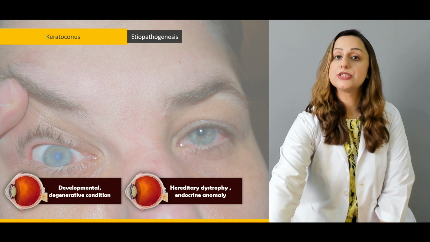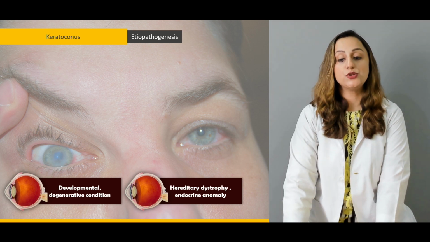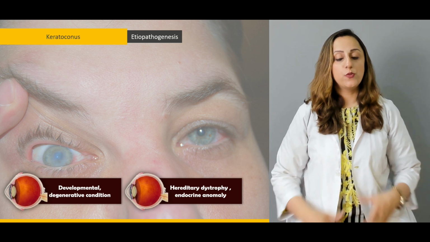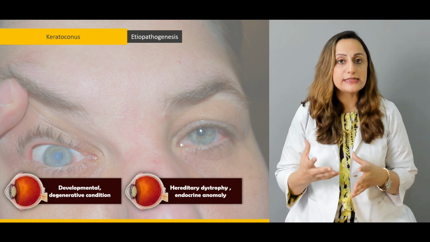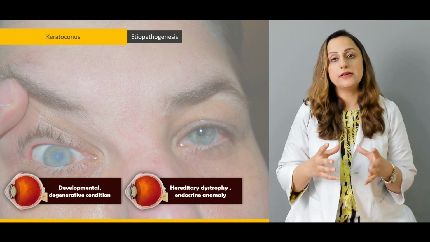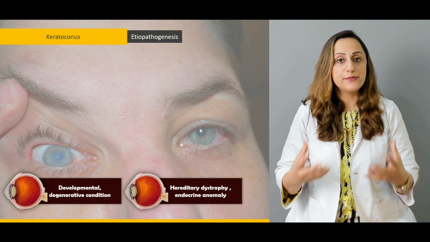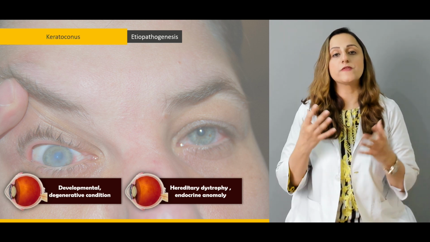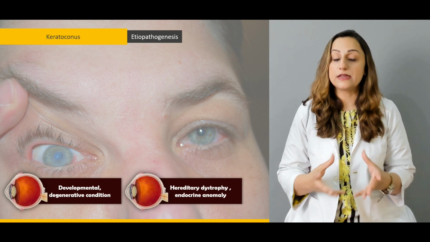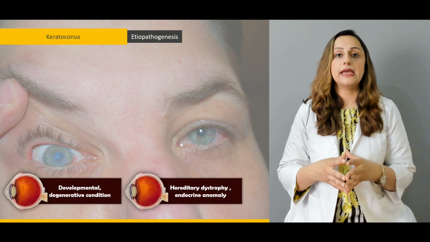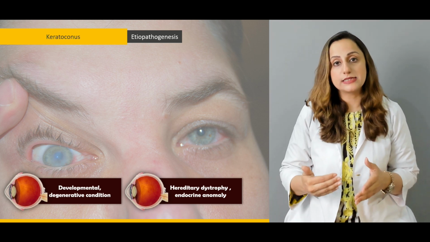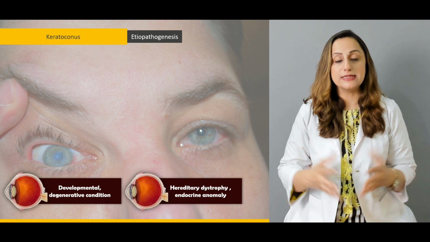Again, the hereditary dystrophy is very important, and you look for the endocrine anomaly as well. Whenever you suspect that the person was genetically predisposed, we obviously regard that the patient was genetically predisposed and had the incidence of some sort of condition. For example, it can be a long-standing infectious condition. It can be any case of proptosis, which ultimately resulted in the development of keratoconus in these individuals.